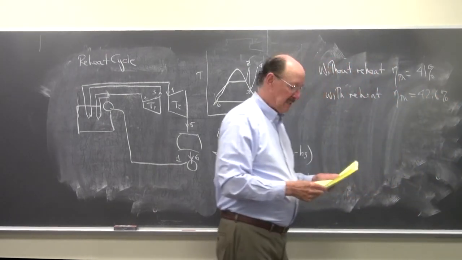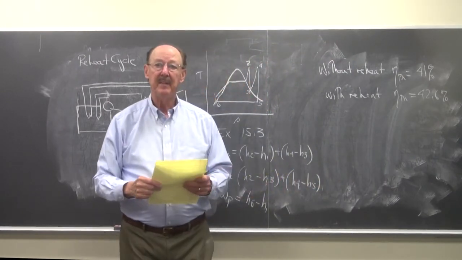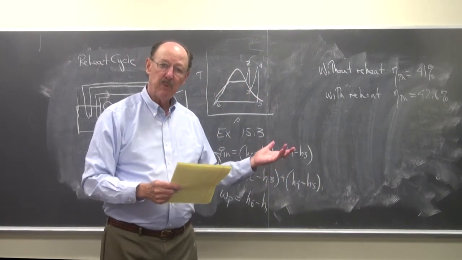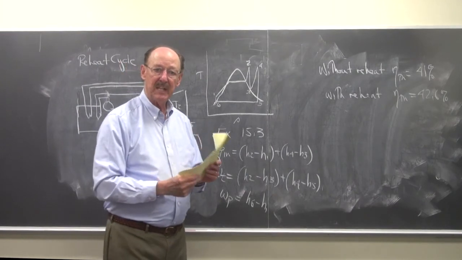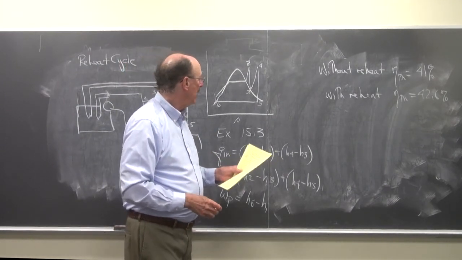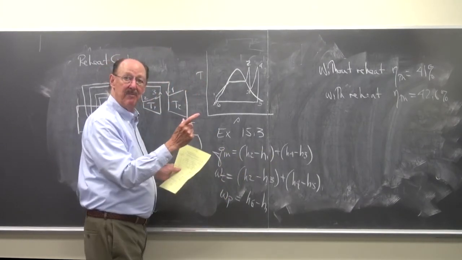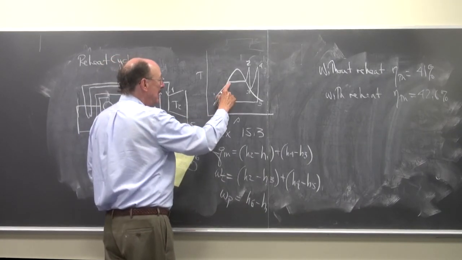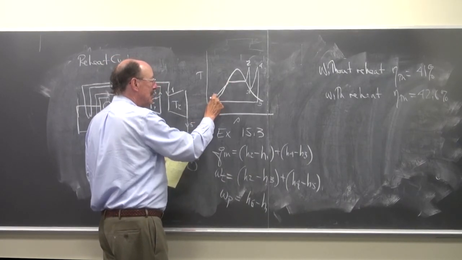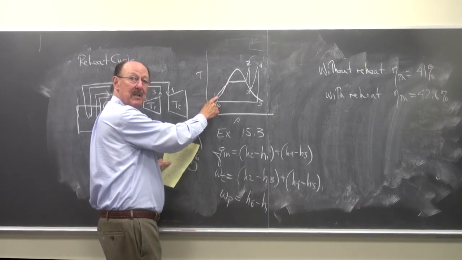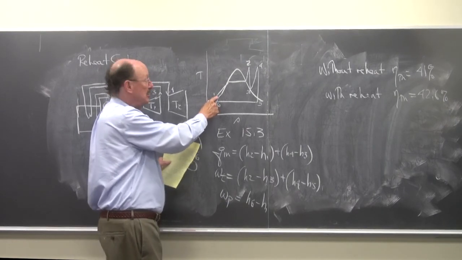So we see that there's a significant improvement in performance for the cycle when we add reheat. And so what we still have is the problem of this cold area. So this is fairly cold from a 500 degrees Celsius perspective.